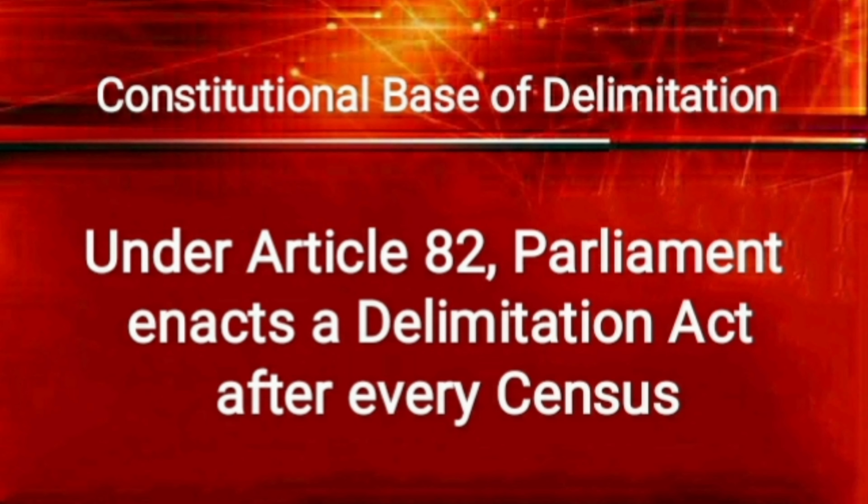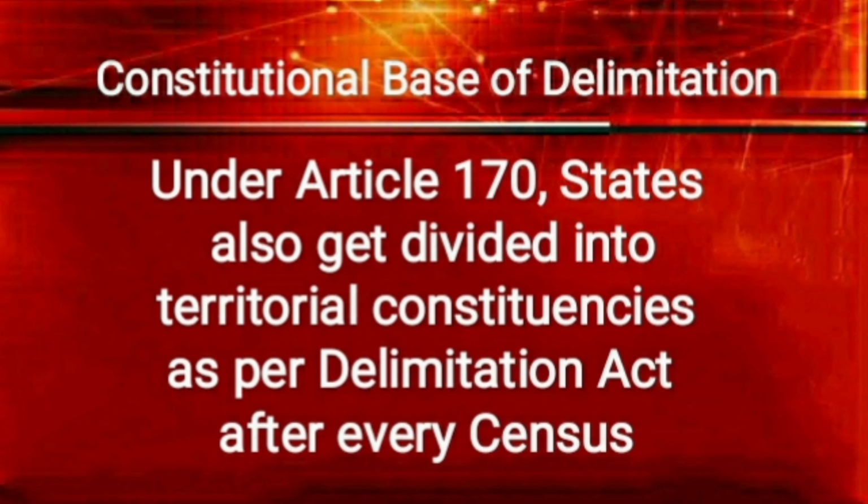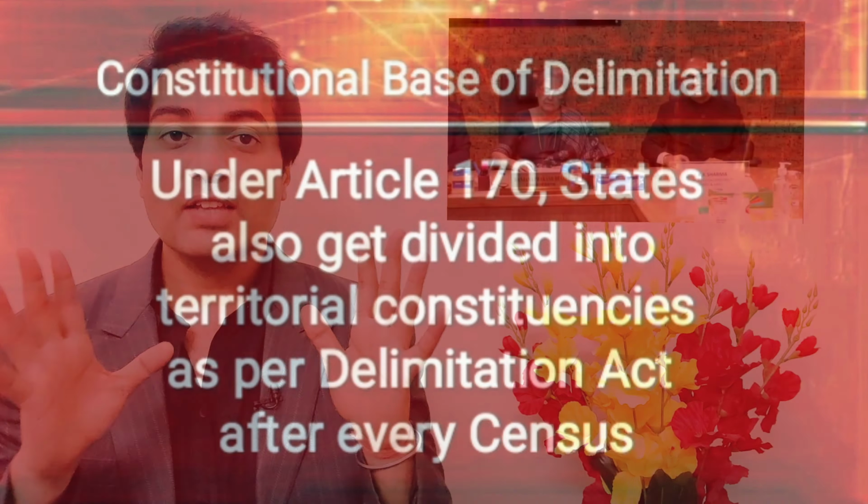So what is the constitutional basis for delimitation? Under Article 82, the Parliament enacts a delimitation act after almost every census. Under Article 170, states also get divided into territorial constituencies as per the delimitation act after almost every census. Once the act is in force, the union government sets up a delimitation commission.